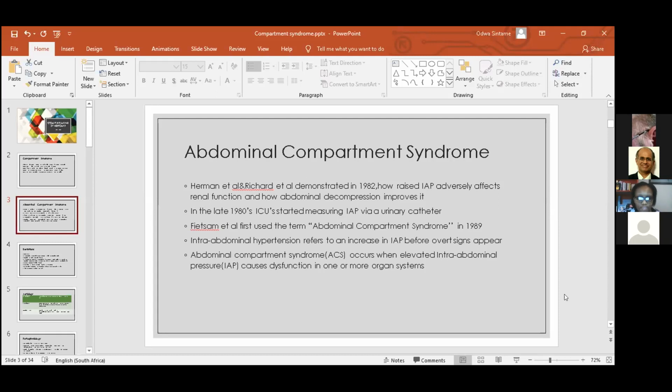So intra-abdominal hypertension is more of a prodrome, or a precursor. It happens before you actually get the syndrome, so it's important to recognize it before it progresses to abdominal compartment syndrome.